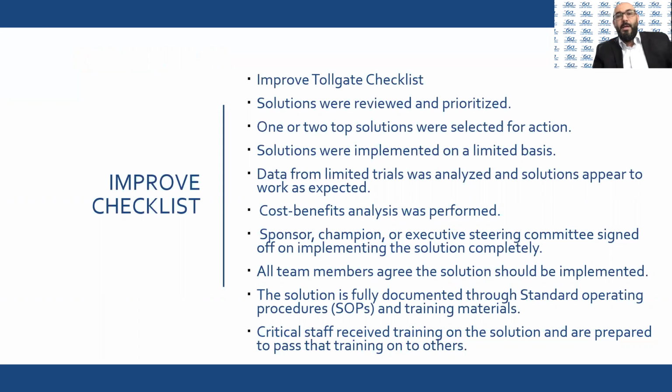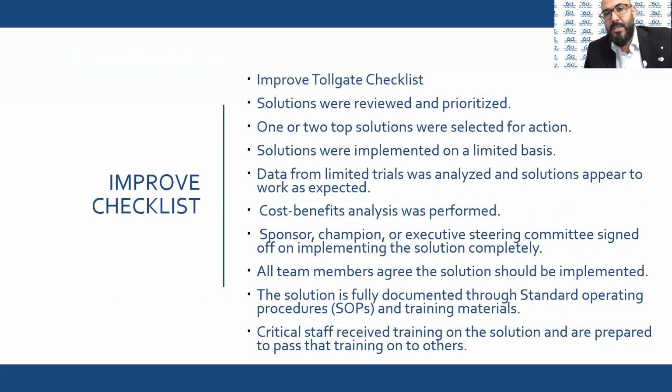The last slide here is basically a checklist for the improve phase. You have to review the solutions that you've selected. You're brainstorming with different solutions. One or two top solutions were selected for action. Solutions were implemented on a limited basis, the trial basis, the pilot or prototype.